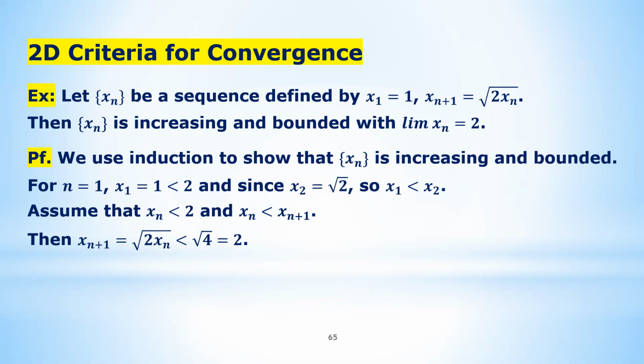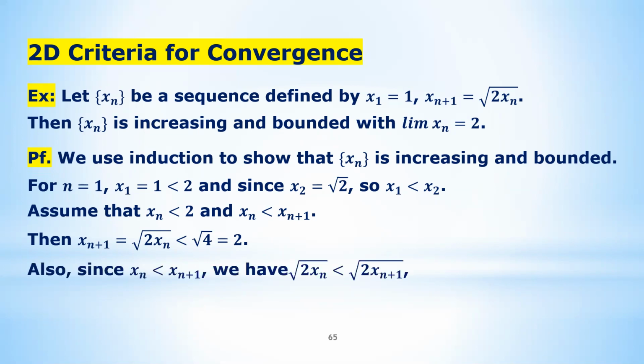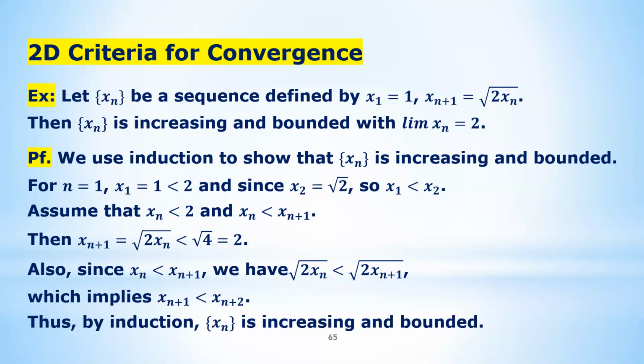So for boundedness, you can see induction works. The increasing side also works, because once you have xn less than x(n+1), if you multiply by 2 and take the square root, it still carries the same relation. This indicates that x(n+1) is less than x(n+2). So by induction, this is increasing and bounded.